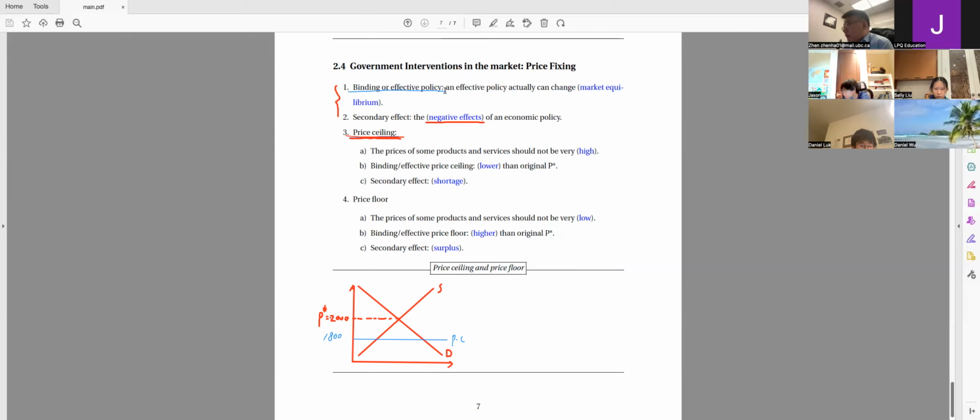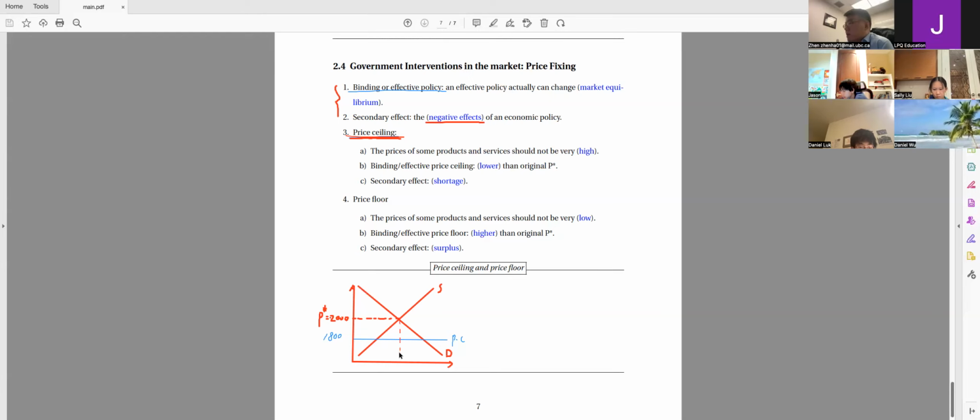You cannot set a price ceiling exactly equal to $2,000 or above $2,000. In that case, this kind of policy is called a non-binding policy. A non-binding policy has no effect on this market system. Nothing will change. Everything remains unchanged.